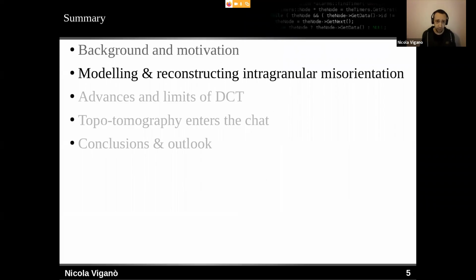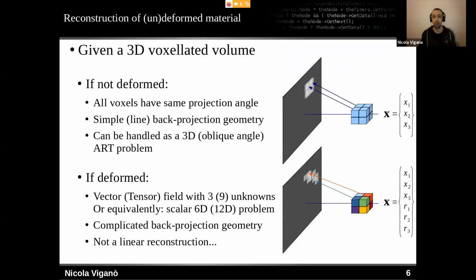So some time ago already, we started to expand this model and go away from the undeformed materials underlying model. If we want to model deformation or even just crystal misorientation, that would add 3 unknowns for each space location, so for each voxel or unit volume.